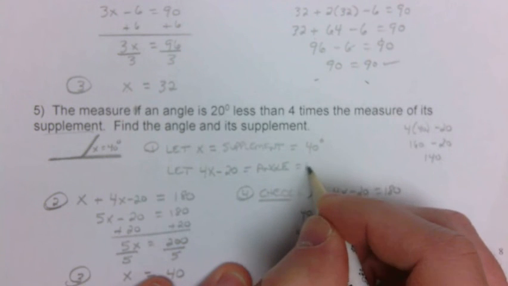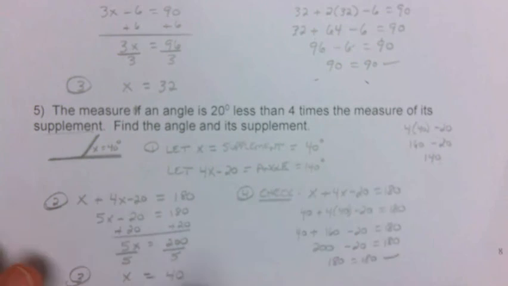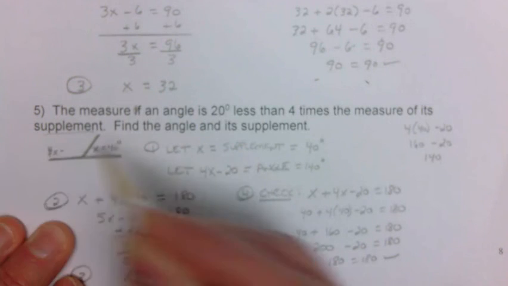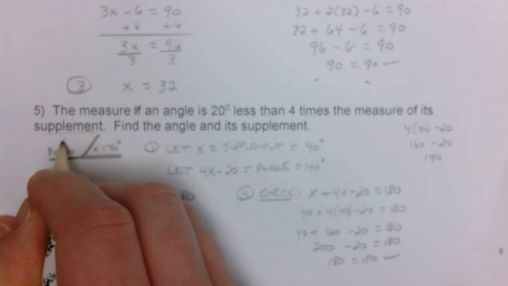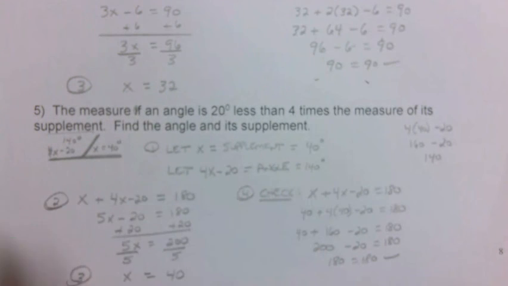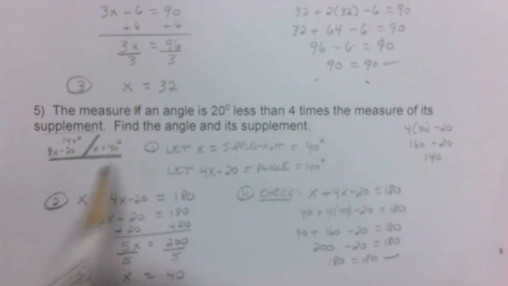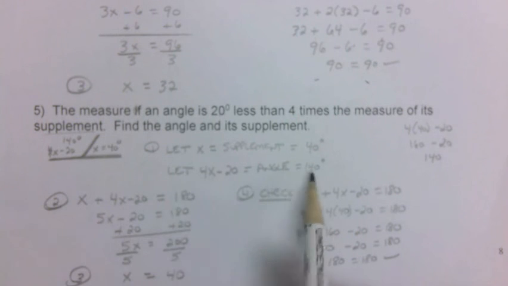So the angle itself must have been 140 degrees. And again, just add those together. 40 plus 140 is 180, which is the measure of a straight angle. So we know that the original angle was 140 degrees and the supplement was 40 degrees.